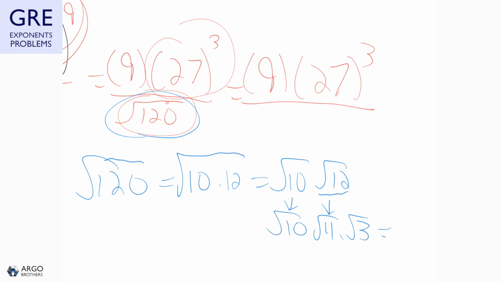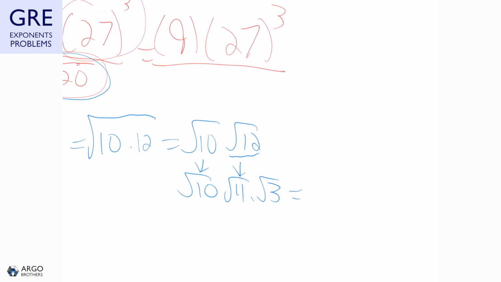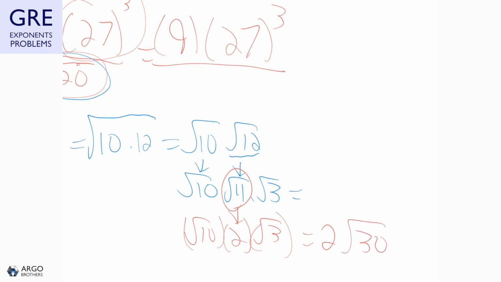So now we have the square root of 10 times the square root of 4 times the square root of 3. Are any of these perfect squares? This is. So we have 2 times the square root of 3 times the square root of 10. All right, and we always simplify by putting the integer first. So we have 2 square root of 30, because radical 3 times radical 10 becomes radical 30.